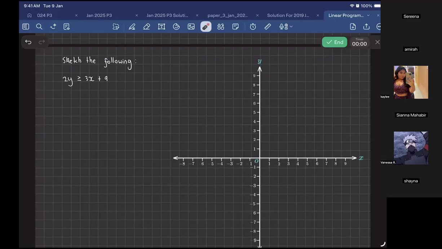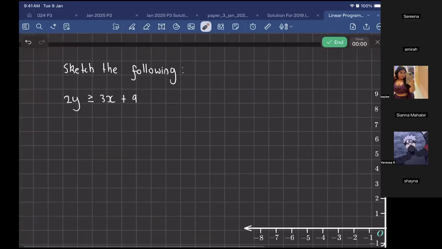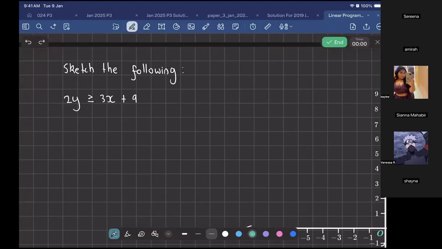Let me put on the correct working that's ideal. Vanessa, the first thing I want you to do, and everybody here, is write the equation for the inequality. So Vanessa, what will be the equation for this inequality? 2y is more than or equal to 3x plus 9.